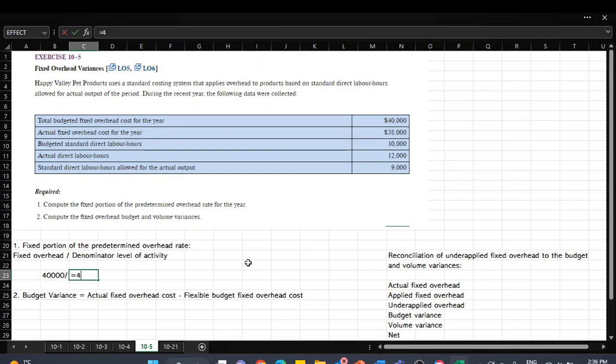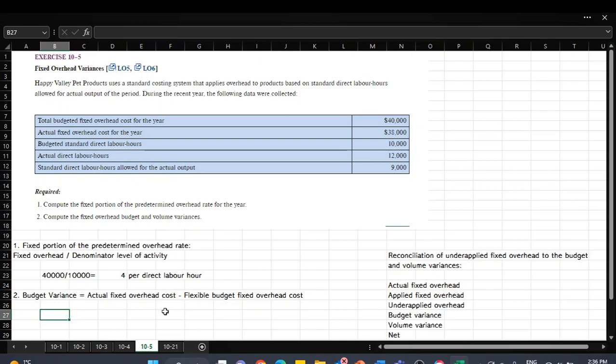So when we actually use Excel, sorry, I should have moved that over a cell. Let's try that again. 40,000 divided by 10,000 gives us an amount of $4, and this is per direct labor hour. Okay. So now that we have that, we can look at our variances.